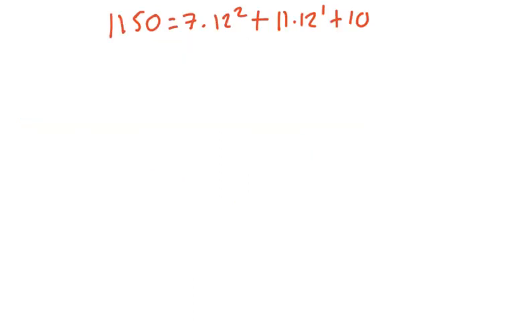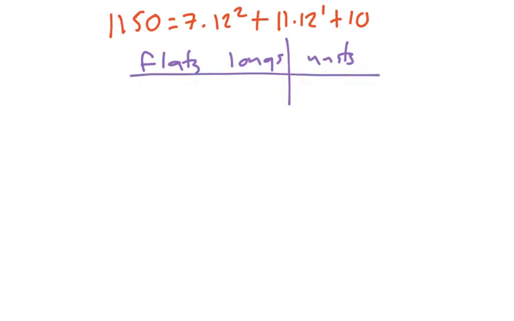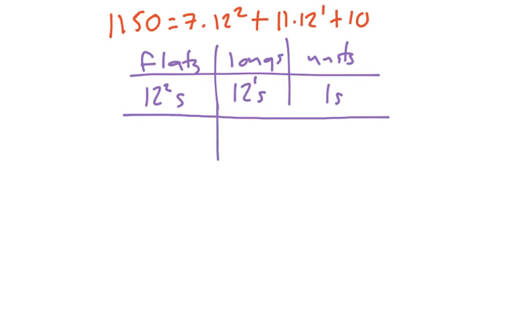And that's useful, but I want to take that and convert it into a table where I'm eventually going to show my flats, longs, and units, which correspond to the ones place, the 12s, and the 12 squareds. We don't need cubes this time. And in our chart, we'll simply say how many of each do we need. We need 7 12 squareds, 11 12s, and 10 units.